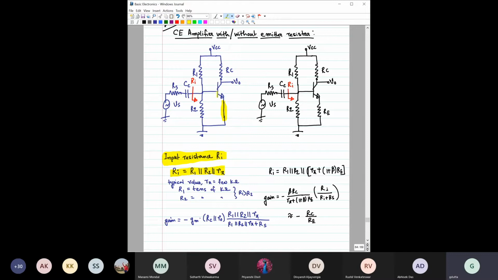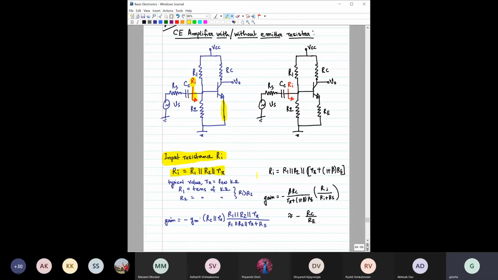R1 parallel R2, and if you draw the small signal equivalent circuit, then R pi will also come in parallel along with this R1 and R2. So the equivalent is R1, R2, R pi. And this input resistance Ri is basically the resistance if you look from this direction, the resistance offered at this base.